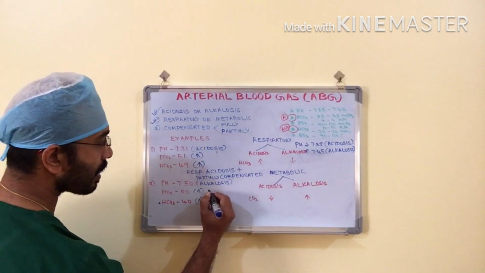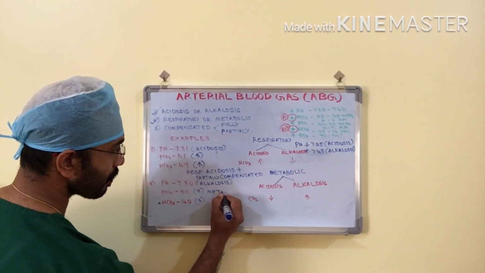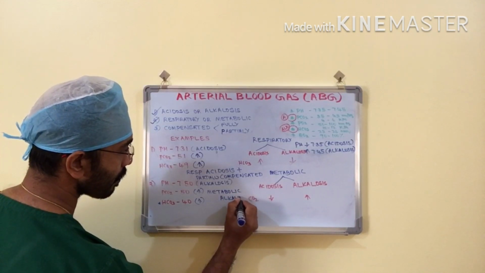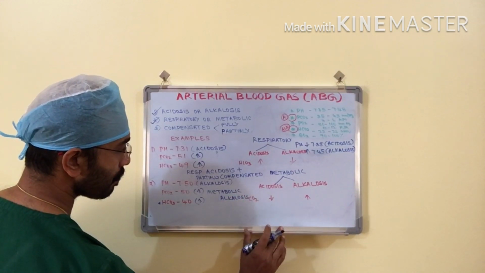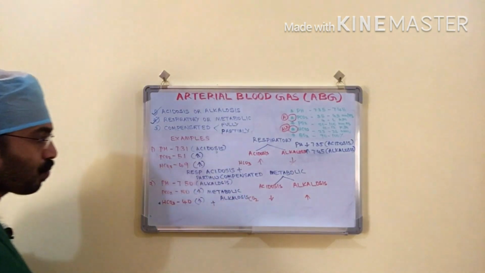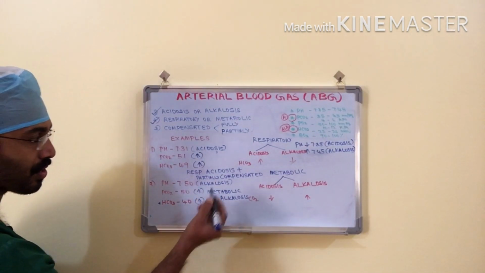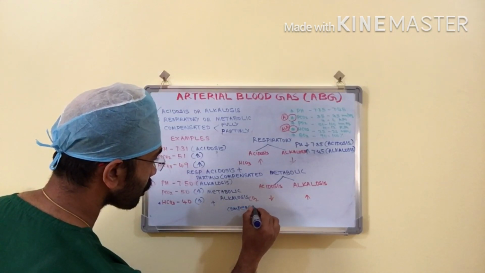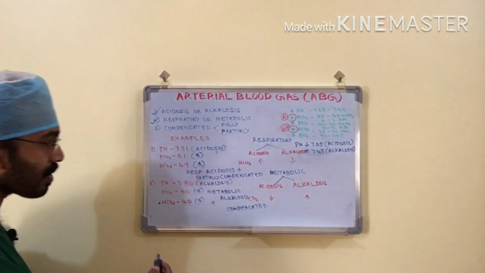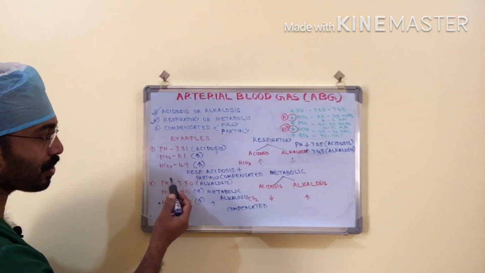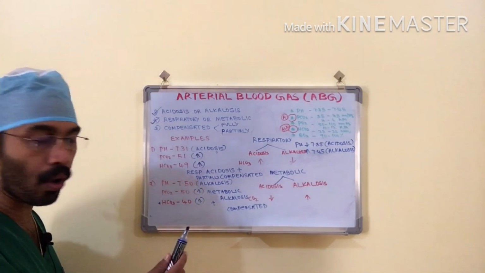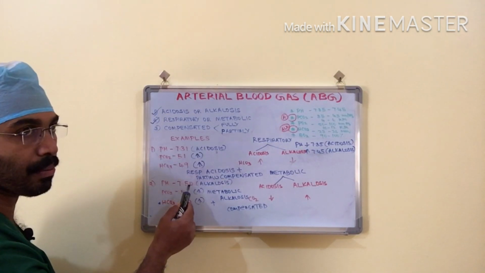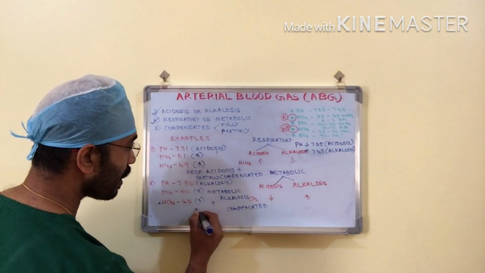It is metabolic alkalosis. Plus the PCO2 also increased, it is compensated. Was this PCO2 sufficient to bring the pH to normal? No, the pH didn't come to the normal value. The pH is still 7.5, so it is partially compensated.